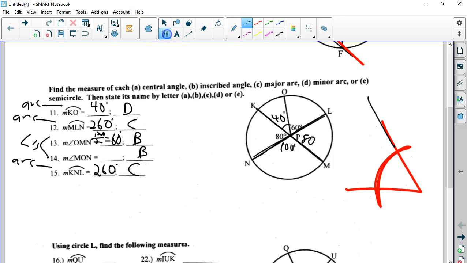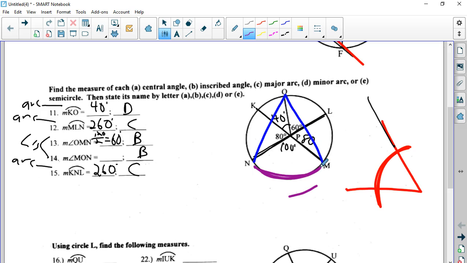Now for MON, M to the O to the N. Well, that's this right here, so that's 100 degrees. Divide by 2, or 50. Inscribed angles we divide by 2.